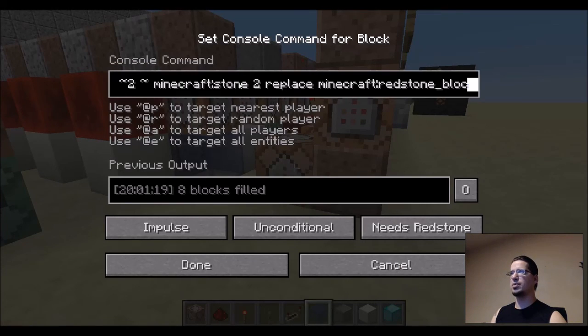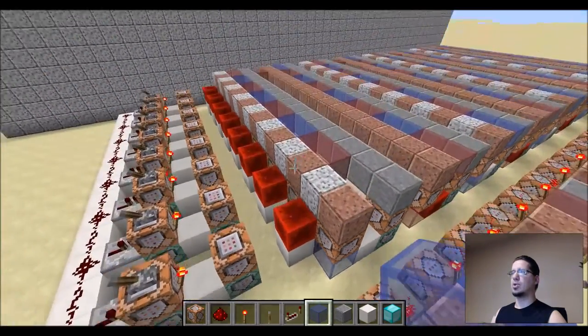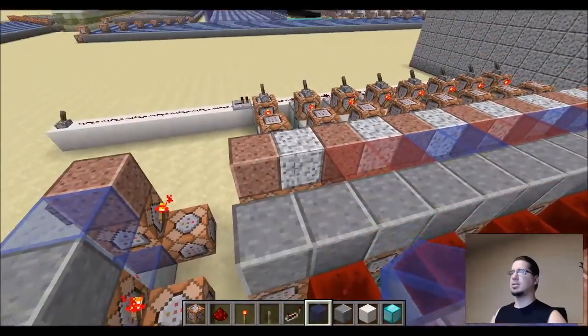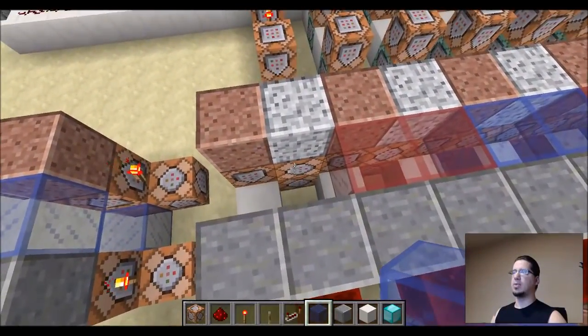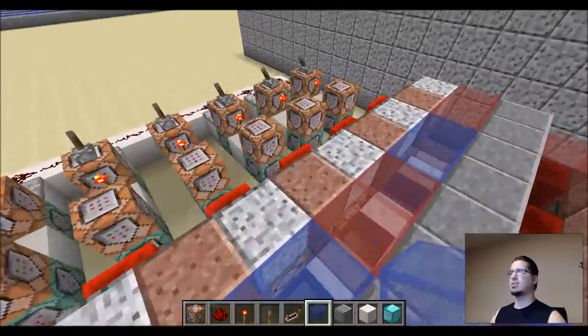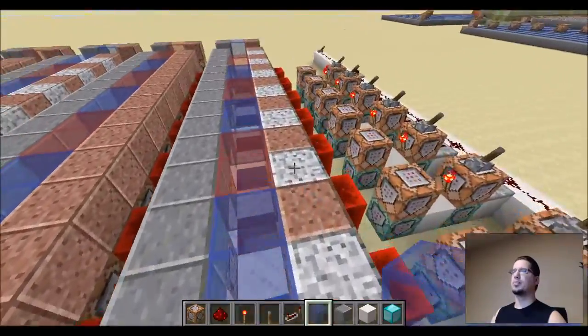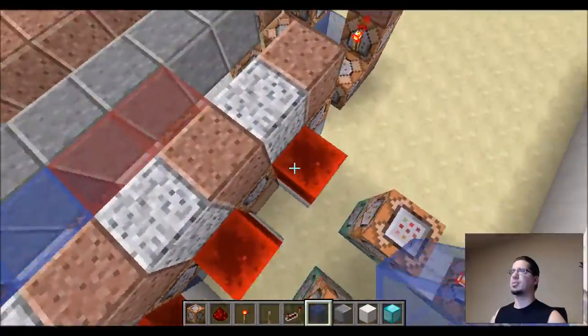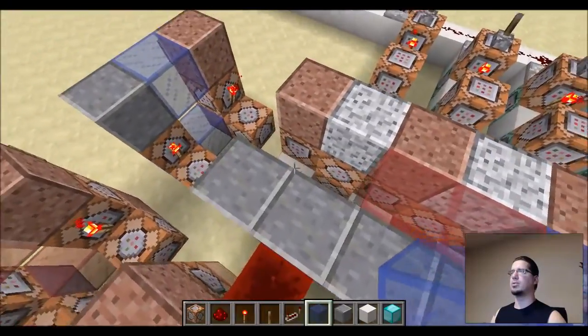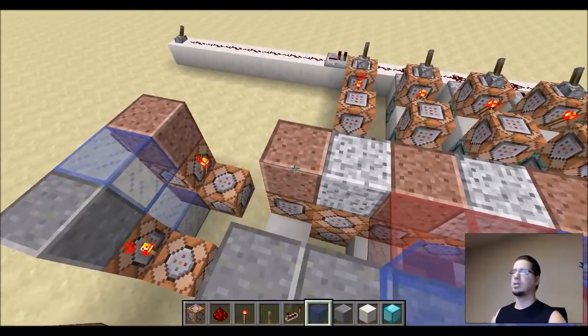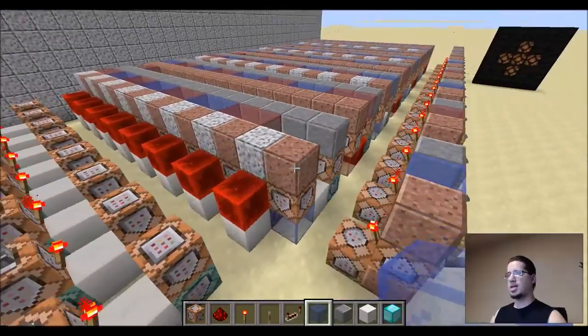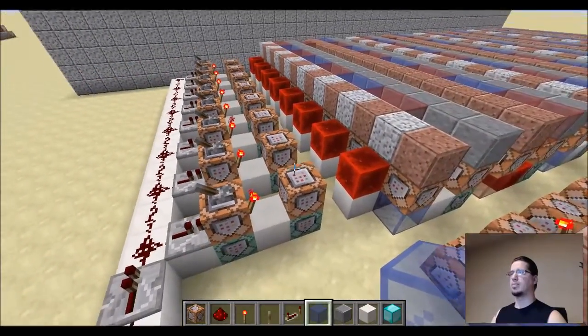And similarly with this one, we are putting granite in where the redstone blocks were. And so what this does is this effectively makes this a one-way command block. So we can send a signal through here, kind of, and the command block behind here won't activate. Only these ones below the granite will. And so that is how we get this to work.